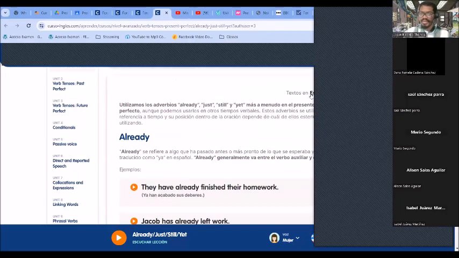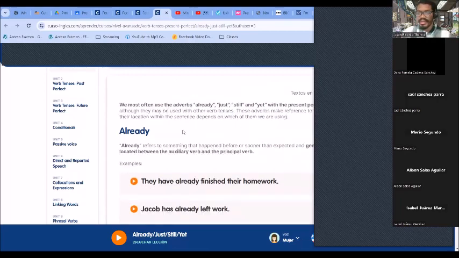The goal of these words is to insert an adverb of time to give us more context to our sentence. All right, so we got some help from Dana and Saul in the beginning. Let's start now with Josue.